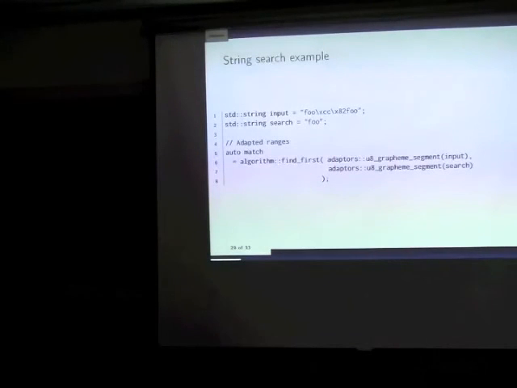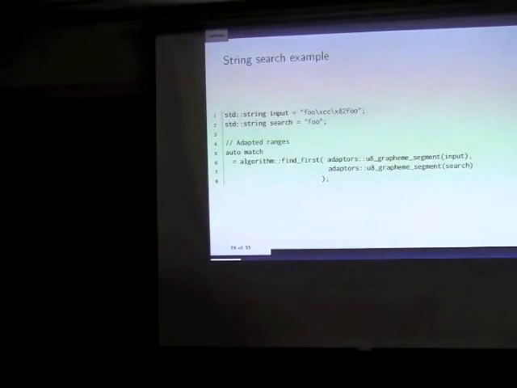And since sub-ranges already have comparison operators, it will work. You will be able to compare and check if these are the same strings. So we need to adapt this. The type you get there will be very complicated because it will be a sub-range of this range, but it will correspond to the second one.